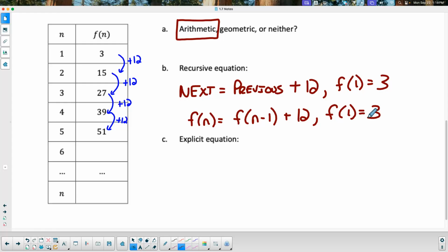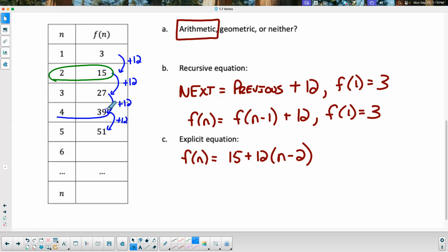Our explicit equation then, I'll take this one. Okay, so then that's going to be my output plus my common difference times n minus my input. Or we could take this one.